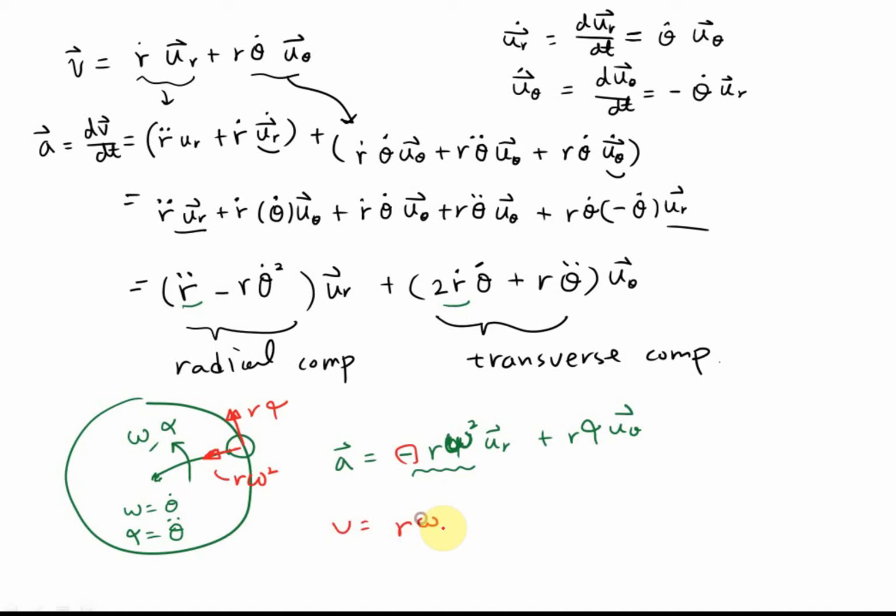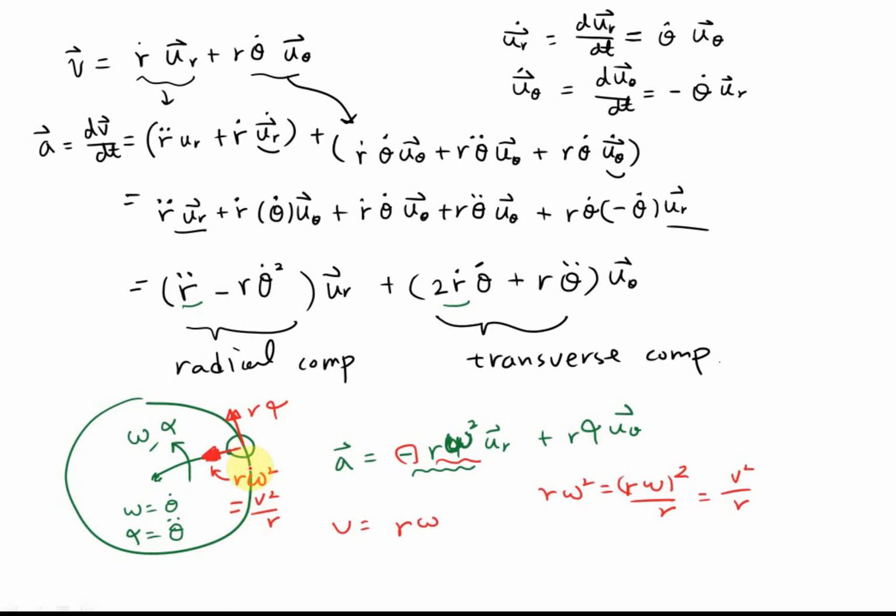velocity is r omega. So that's why r omega squared can be written as r squared omega squared over r, so this is v squared over r. That's why the radial component of acceleration is equal to v squared over r.